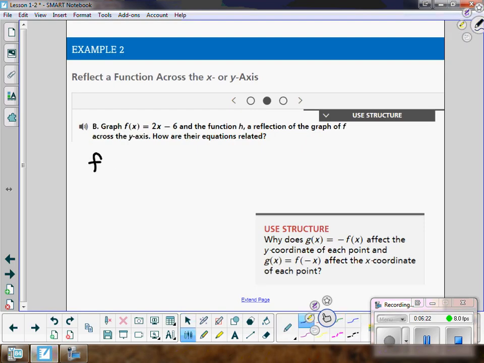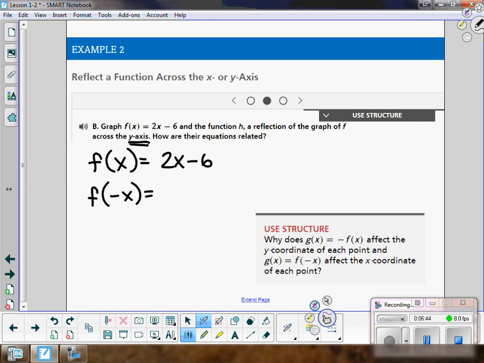So we have the original function being f of x equaling 2x minus 6. To reflect it over the y-axis, instead of putting the negative out in front, like we did on the previous example A, we're going to put the negative inside the function with x. So instead of putting it out here and distributing it to the whole thing, we're going to leave the 2 in place, change x to its opposite, and leave the negative 6 on the end as our y-intercept.